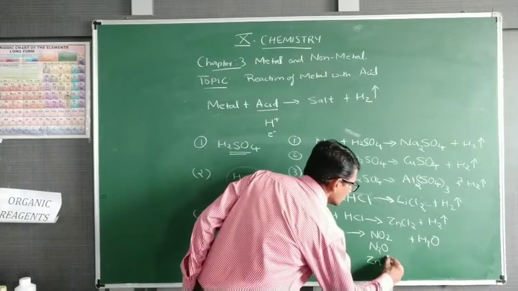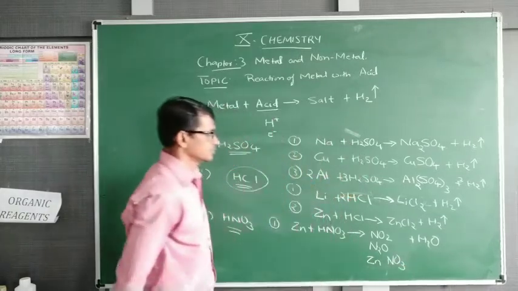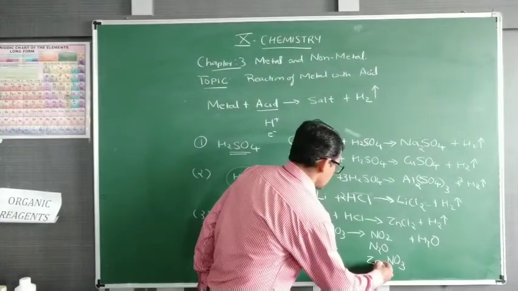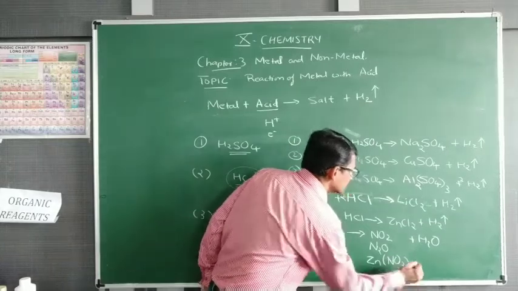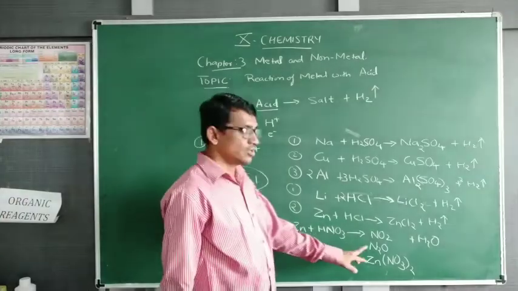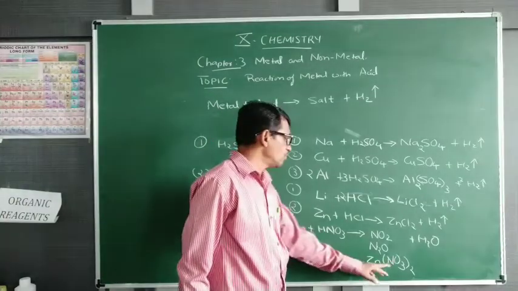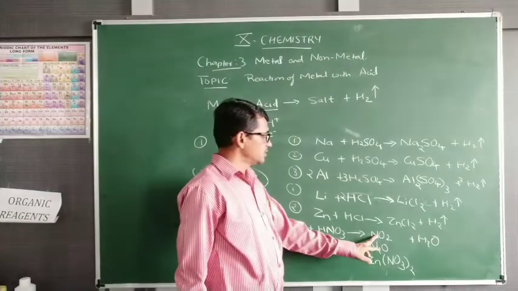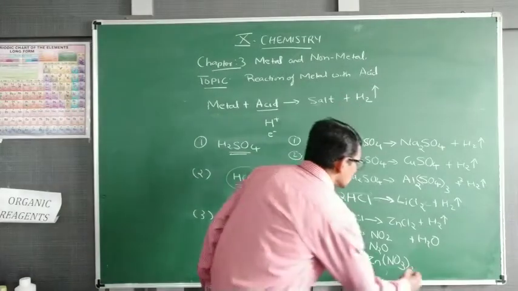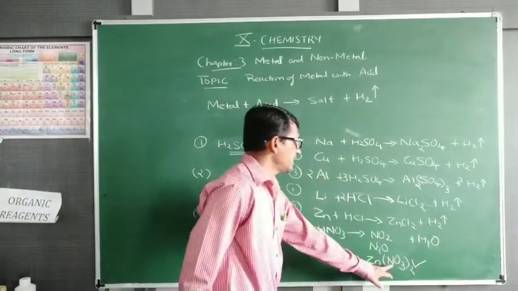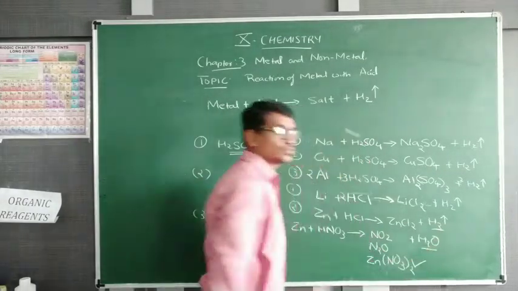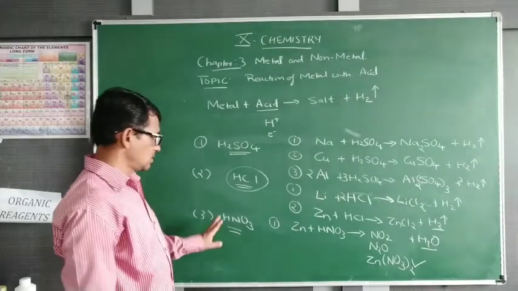Formula of zinc nitrate is Zn(NO3)2. So in some cases the salt will form, which is zinc nitrate. But if it is oxidized, then NO2 or N2O gas will produce and H2O will produce.